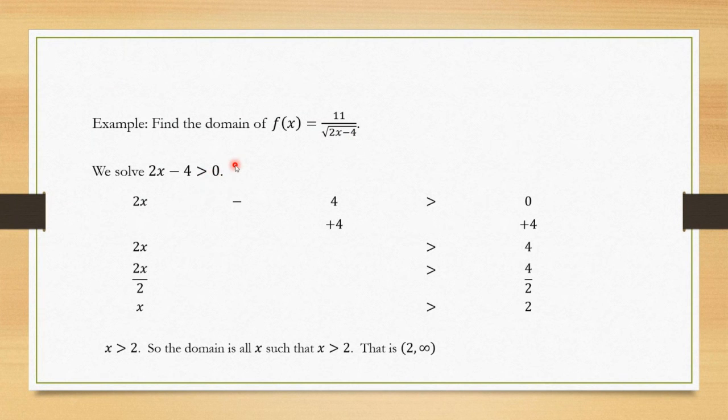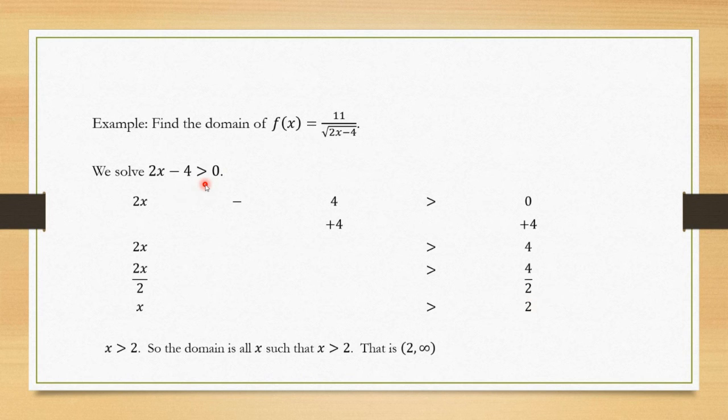Okay? Now, from here, what we're going to have is, we just get x, so we're using what we did in 1.5, right? We want to get x, so we add 4 to each side. That's what I'm doing. Then we're dividing both sides by 2, and we get x is greater than 2.